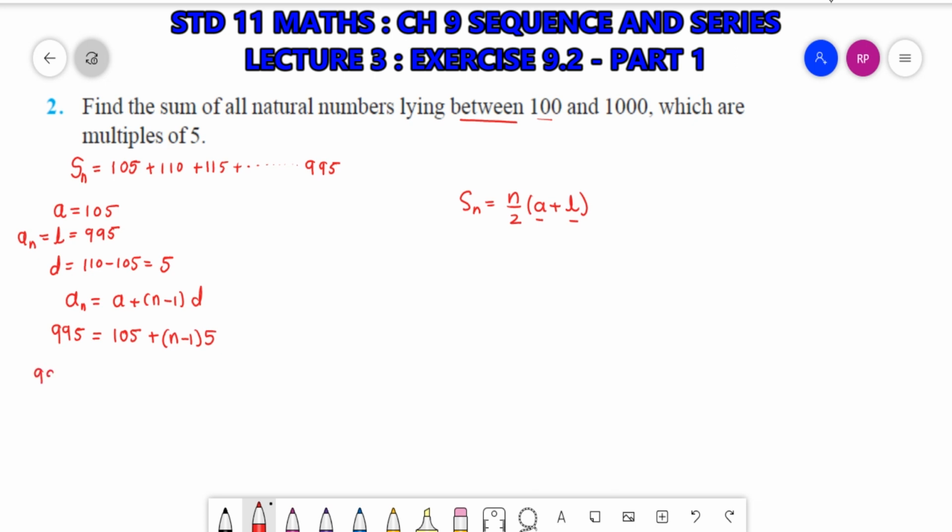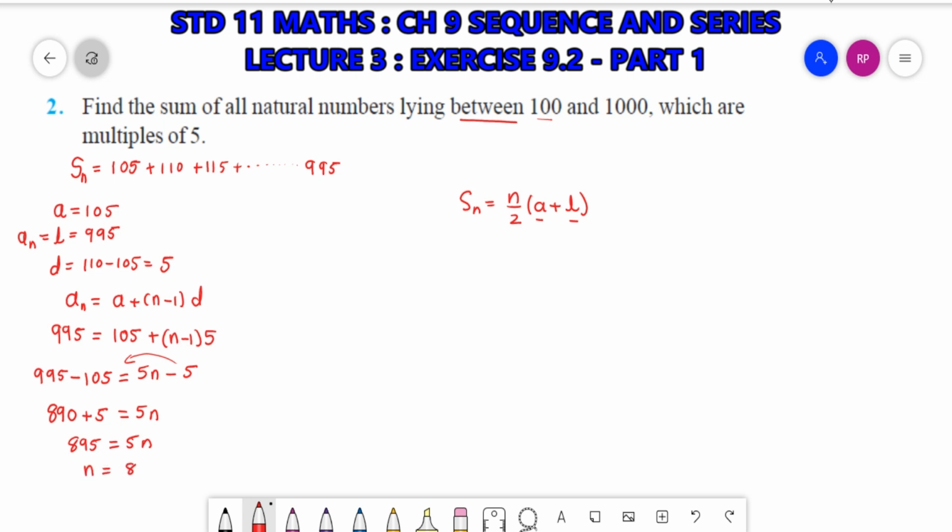So it will be 995 minus 105, that is equal to 5n minus 5. So 995 minus 105 will be equal to 890. Minus 5, when it goes on the other side, it will be plus 5. That will be equal to 5n. 890 plus 5, that will be equal to 895, that is equal to 5n.